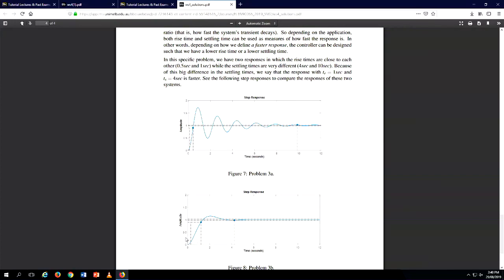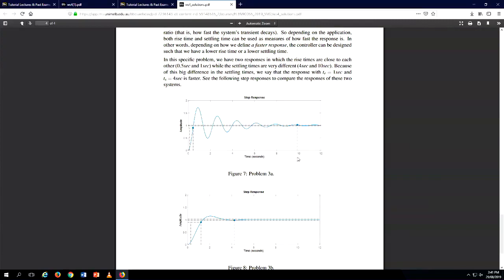Here, rise time is larger than here, so you can say that in terms of rise time, this response is faster than this response, because rise time here is smaller than this rise time. And then this settling time here is smaller than that settling time. So in terms of speed of convergence to y infinity, this guy converges closer to y infinity than this guy.